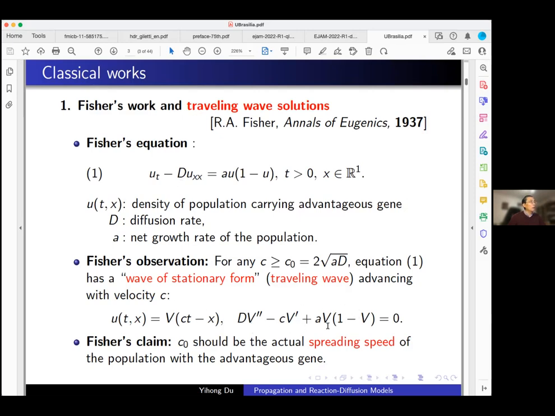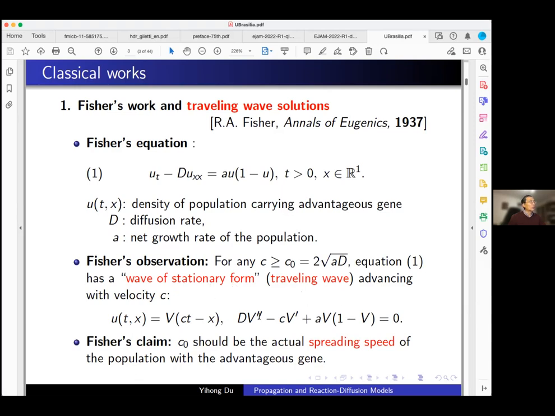But this ODE, Fisher could solve, well, according to the value of the parameter c introduced here. So if c is greater than or equal to this particular value, c0, obtained by using the two parameters a and d, he could obtain such a solution.